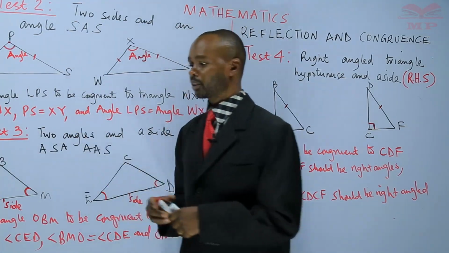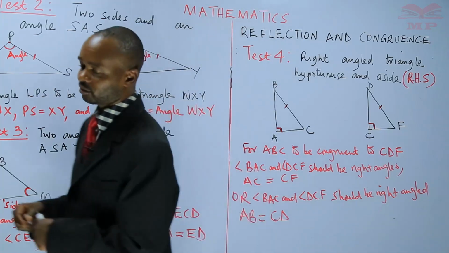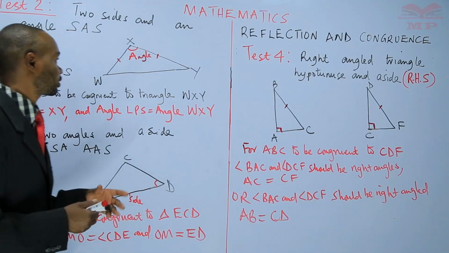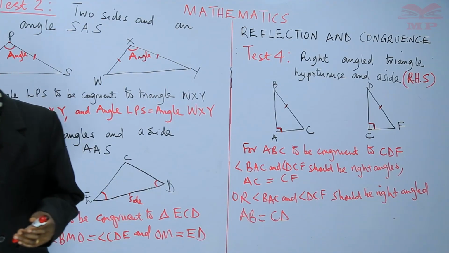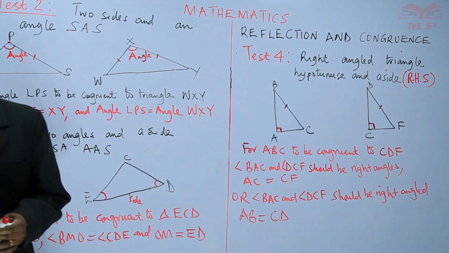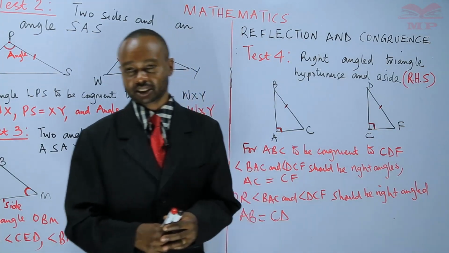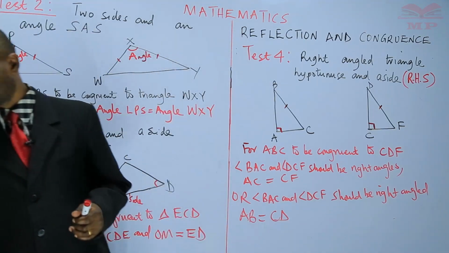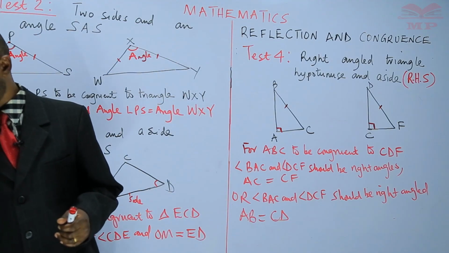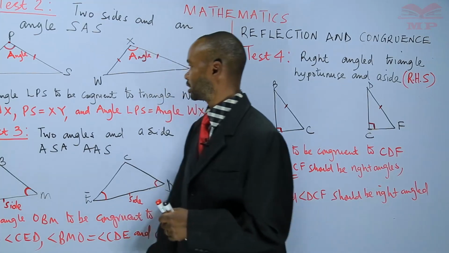So we've gone through a recap of what we've done. In the first one, we looked at all sides should be equal. In the second one, two sides should be equal plus an angle adjacent to the two sides. In the third one, we looked at two angles and a side.